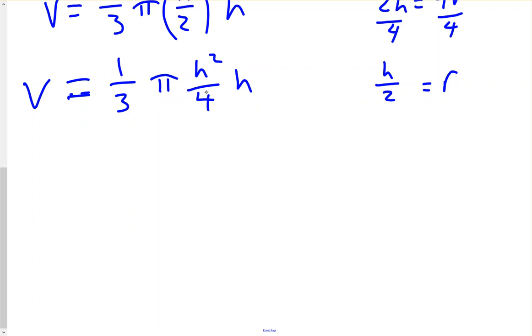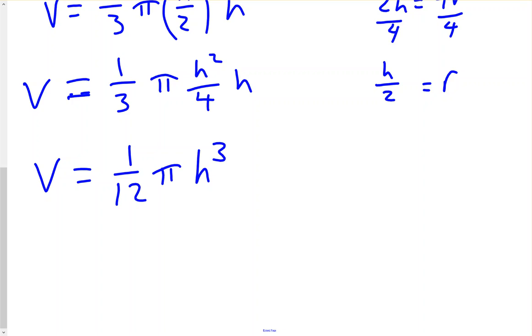Which means if I have a denominator 4 and a 1/3, I can multiply those two and get V equals 1/12 pi h squared times h, which is h cubed.